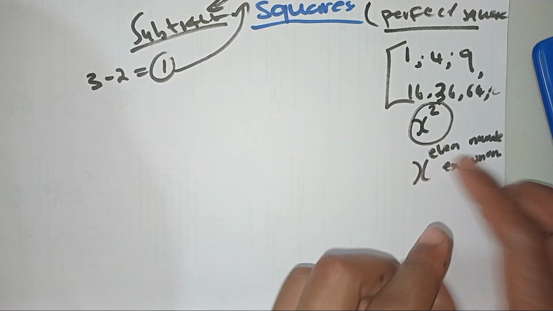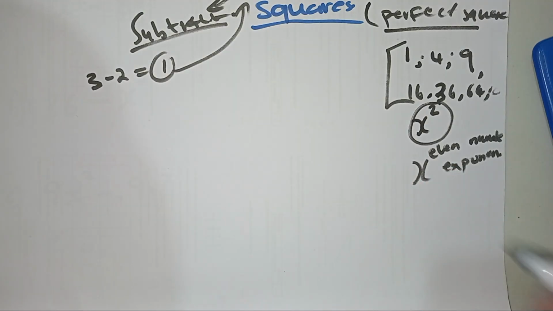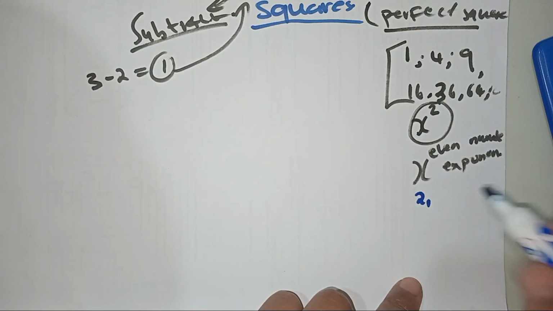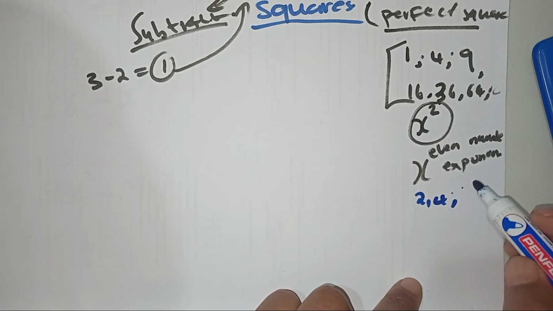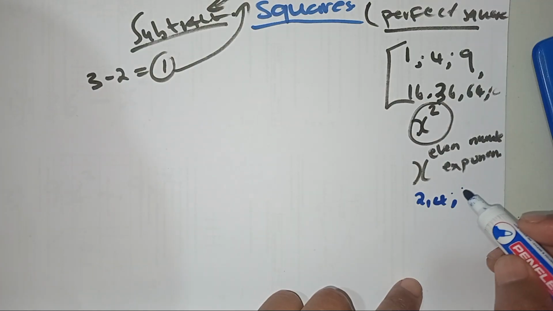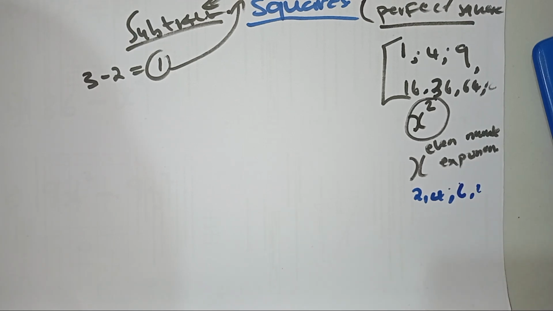If the exponent is an even number, meaning a number you can divide by 2 and get no remainder, 2, 4, 6, 8, 10, 12, 14, 16, 18, 20, those are even numbers. So that's what we refer to when we say perfect squares. I hope I made it clear.